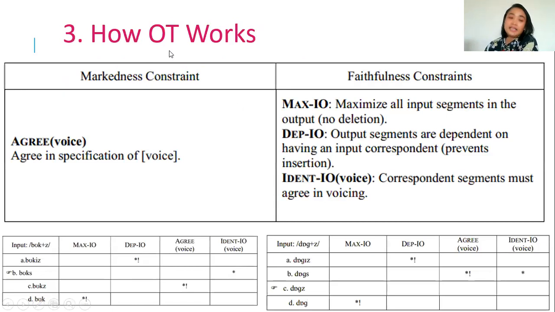Okay, let's see how the OT works. We find markedness and faithfulness constraints. Markedness constraint means the sound we regularly hear. Then faithfulness: we can find the evaluation of Max IO, or maximize input output.